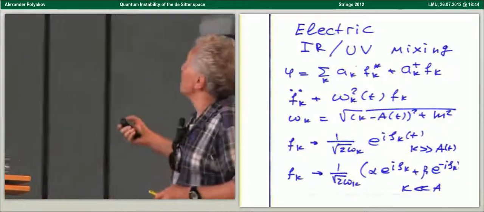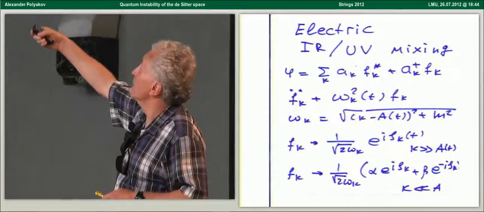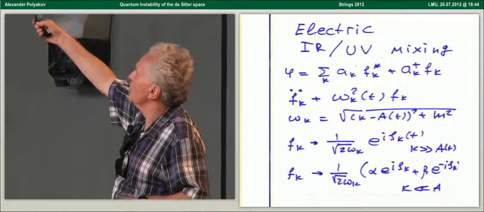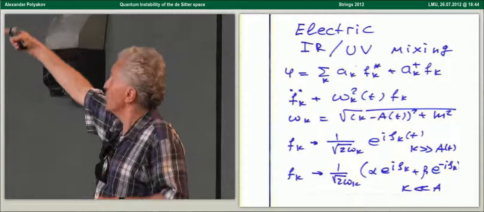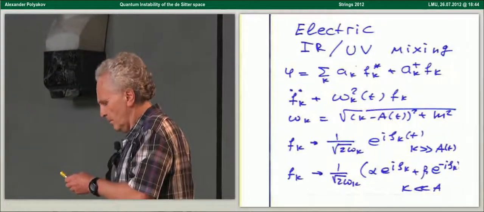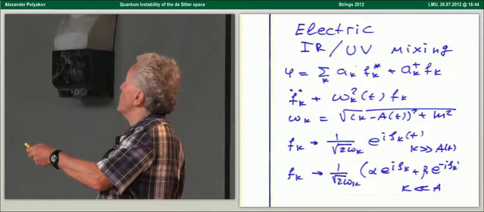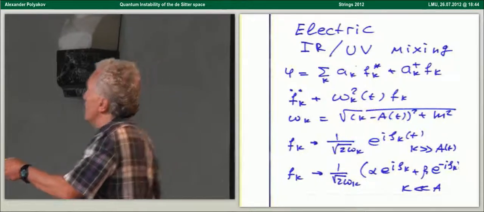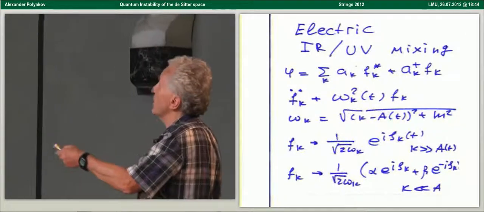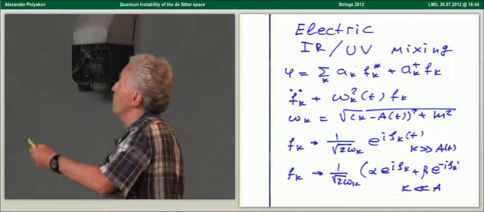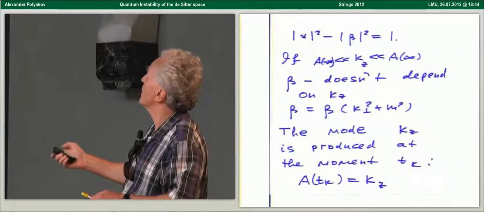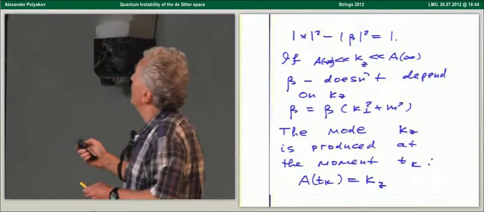Now, we have some external field, A of t. We have the modes, which at minus infinity in time are single exponentials, the Jost functions. There is a Bogolyubov transformation of this mode, so this is an absolutely standard setup.